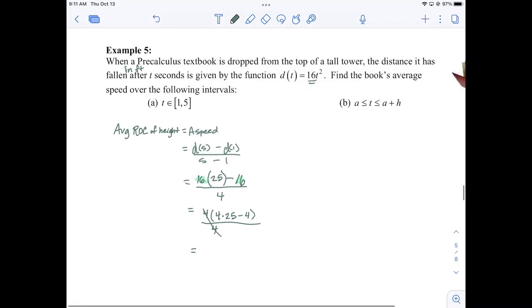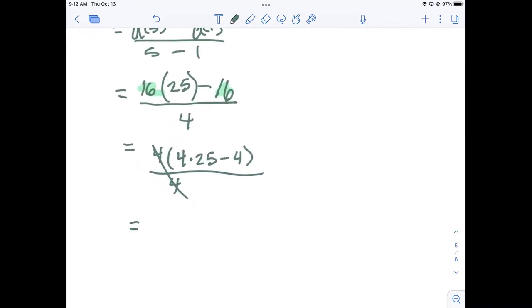No, it was 5 squared. 5 squared is 25. We're not squaring the 16. D of 1 is 1 squared, which is 1 times 16. Yeah. So I just factored out the 4 from the 16s. And that just makes it easier because now I get 4 times 25, which is 100. And 100 minus 4 is 96.